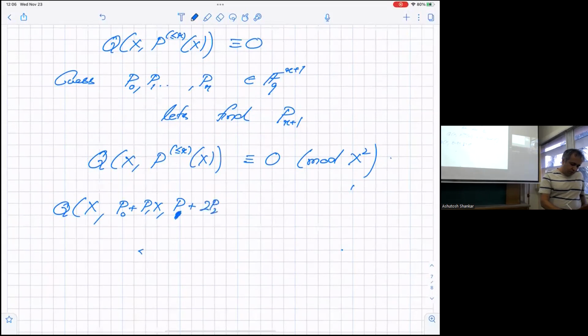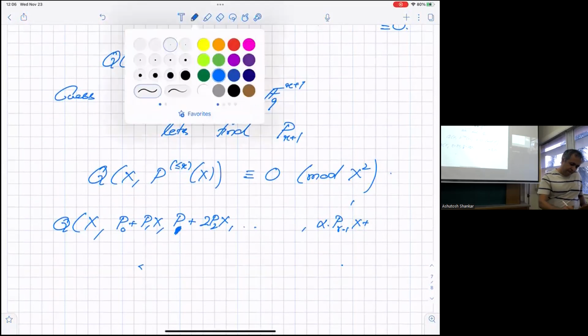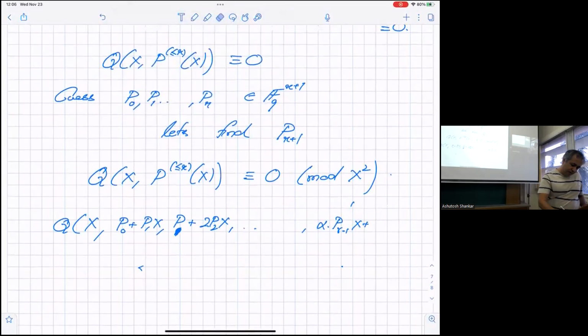And it will keep going like that. The last guy will be something times p r minus 1 plus something else times p r. So there will be some alpha times p r minus 1 x plus beta p r x. This is congruent to 0 mod x squared.